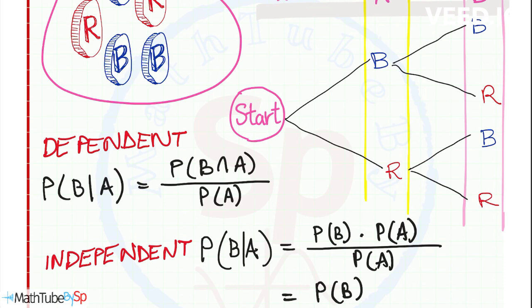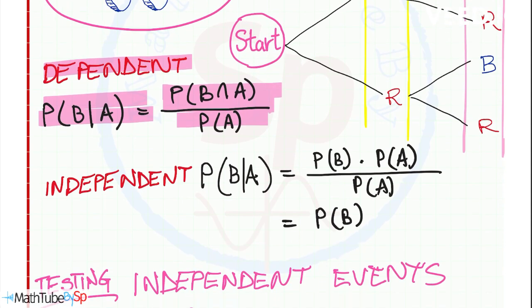The probability of B, given that A has already occurred, is given by the probability of B intersection A divided by the probability of A. We'll repeat that one more time. The probability of B, given that A has already occurred, is given by the formula: probability of B intersection A divided by the probability of A. Now, in the case of independent events, the event of B happening is not affected by the event A happening.